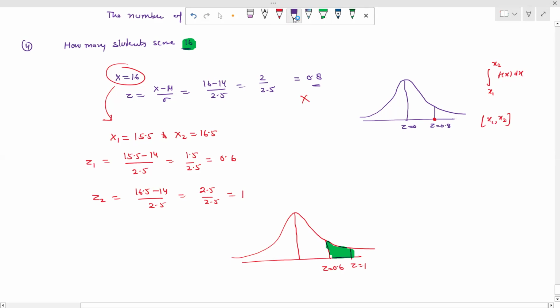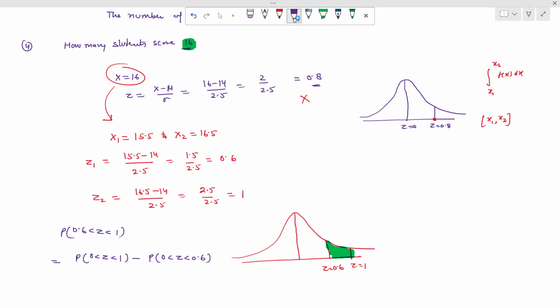So now the probability of 0.6 to 1. We can calculate the probability 0 to 1 minus the probability 0 to 0.6.